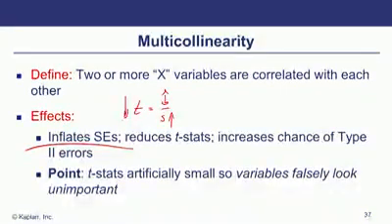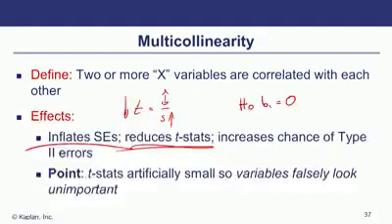Now if you've got lower t-stats, that means that more frequently than not you'll fail to reject the null. Now remember what the null was. This was your null. You'll fail to reject that. So more often than not you would be tempted to think your slopes are insignificant, when in fact they may be significant, but because of multicollinearity, they appear not to be.